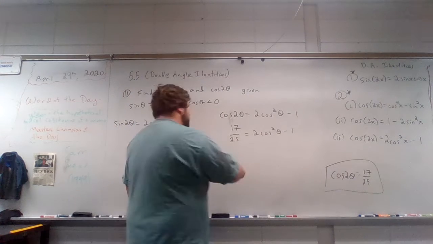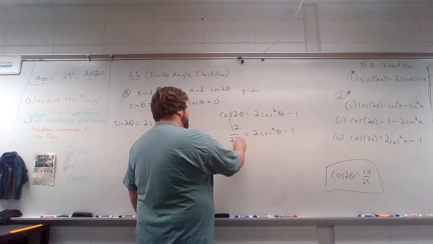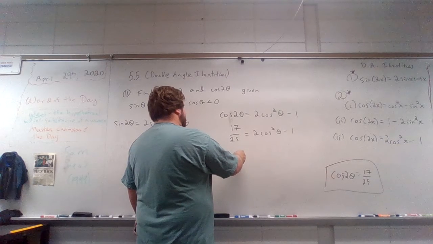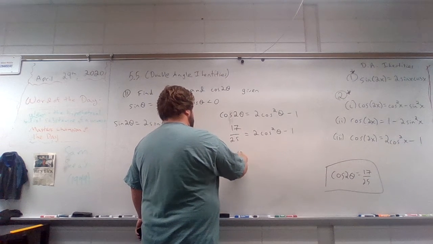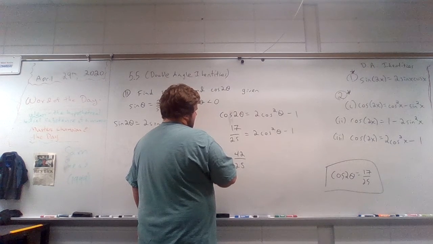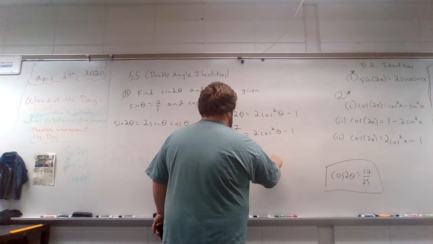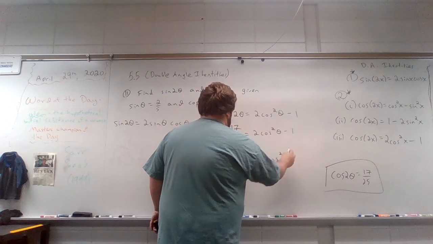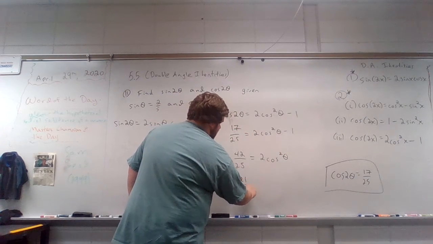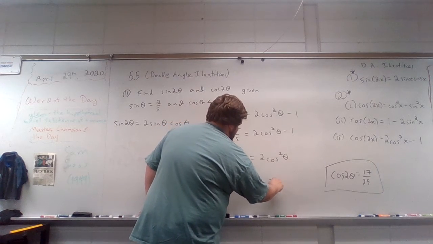So I add 1, 17/25 plus 25/25. That's going to be what? 42/25. That sound right? Yeah, it looks good to me. And then multiply by a half. Should get 21/25 equals the cosine squared.